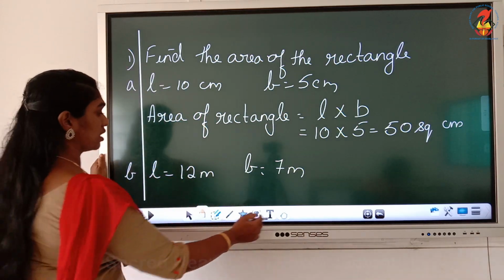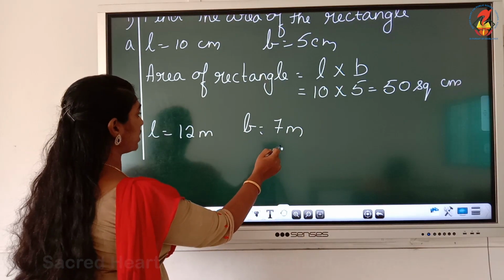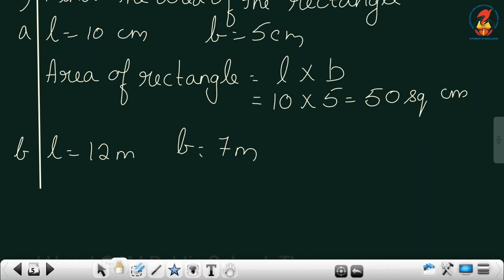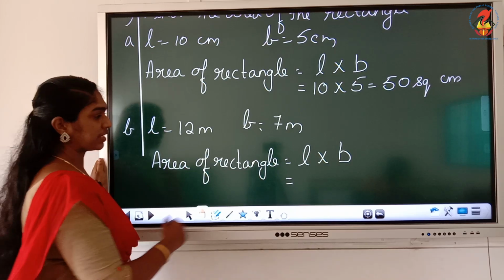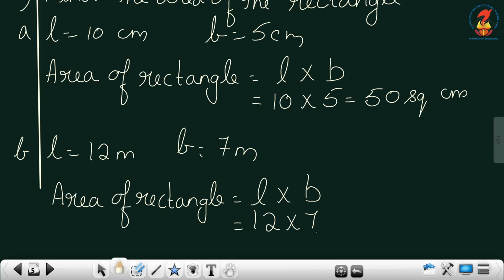Next question. Length is equal to 12 meter, breadth is equal to 7 meter. So, write down area of rectangle equal to length into breadth. The length is 12 meter, breadth is 7 meter. What is 12 into 7, children?